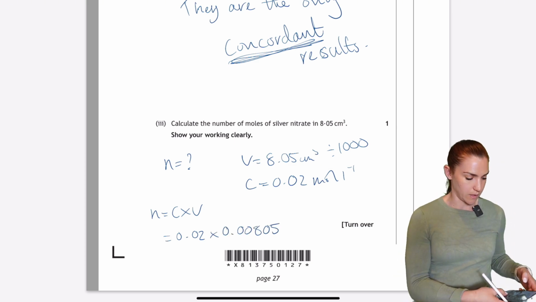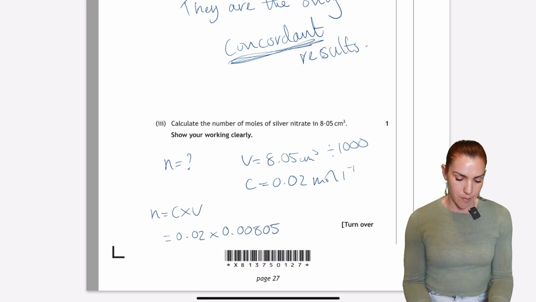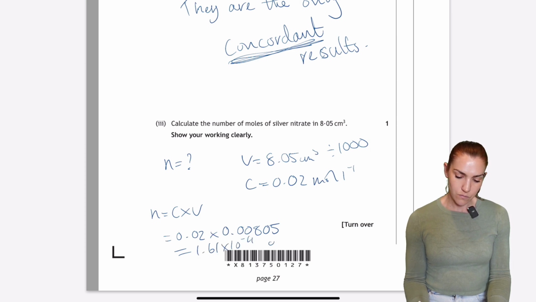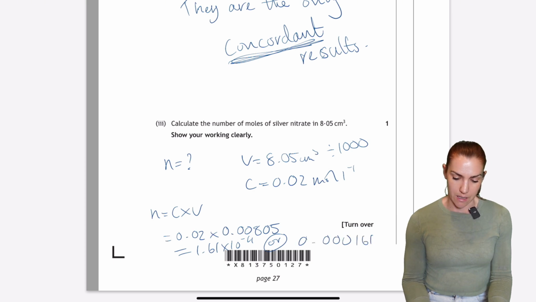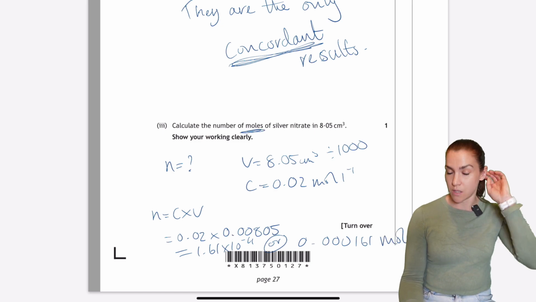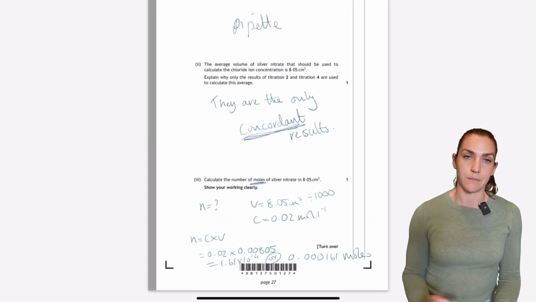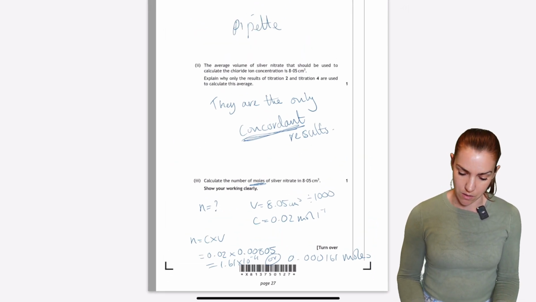So if we put that into our calculator, 0.02 times 0.00805, that should give you, and you can keep it in scientific notation if your calculator gives it to you in that way, 1.61 times 10 to the minus 4, or you can write it as a normal number, 0.000161, and again that is moles because they've told you to calculate the number of moles. Again, you don't need to put the units, but if you do, they need to be correct. So if you were to write moles per litre or something there, you would get the mark taken off you.